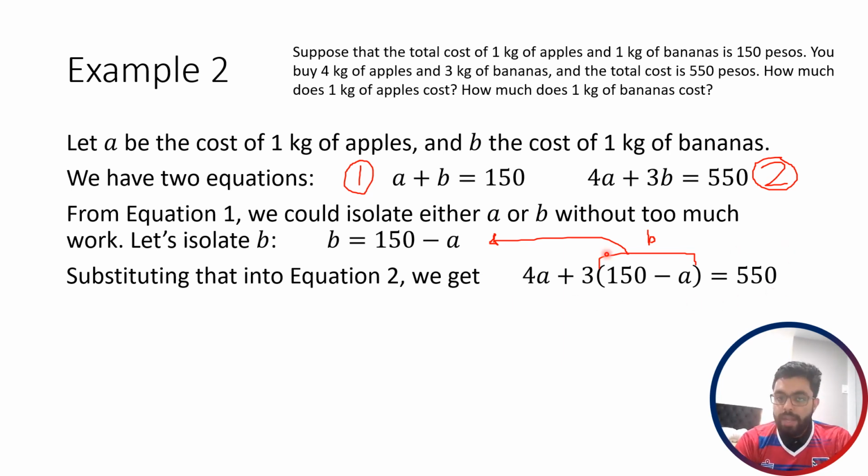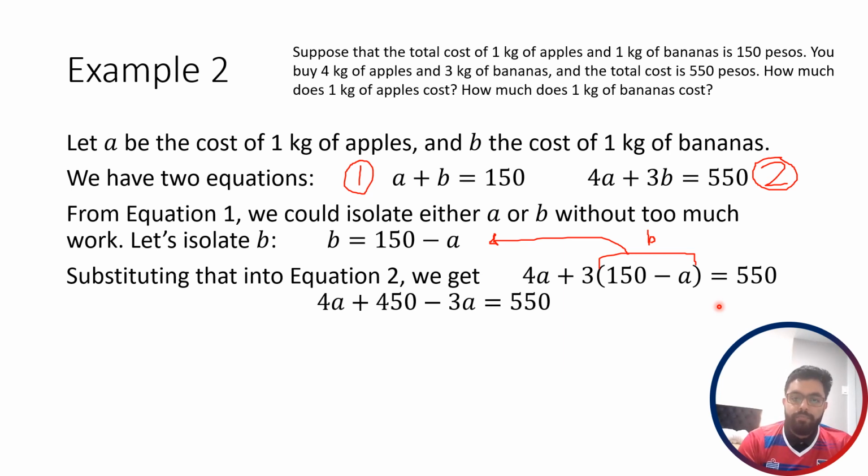Now we can solve for A, because this is a problem with one variable and we know how to do that. We go through the steps to isolate A and solve for it. First we do a little bit of distributive property: 3 times 150 is 450, minus 3 times A. It's minus because we're maintaining this minus sign, and 3 times A is 3A.